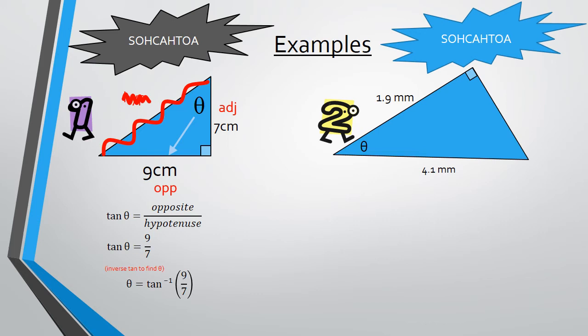So we get theta equals inverse tan of 9 over 7, which gives us 52.1250165, or 52 degrees, 7 minutes, 30.06 seconds. Now to the nearest minute, because we have more than 30 seconds, this will be rounded up to 8 minutes. So 52 degrees, 8 minutes.